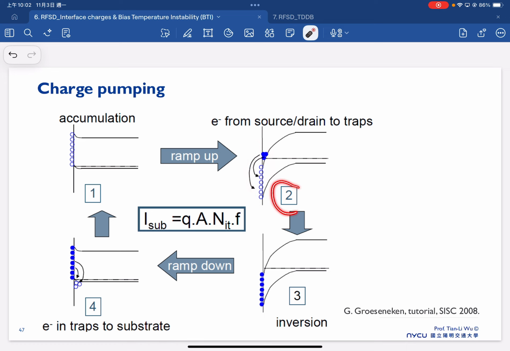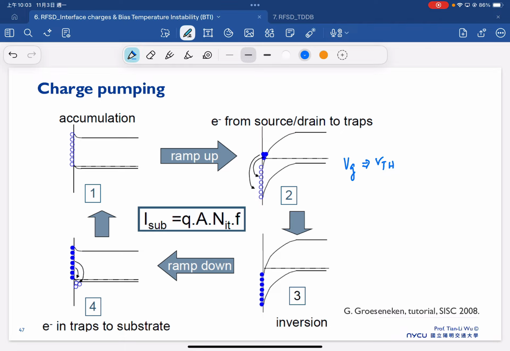In the second step, VG starts to approach VTH. Now you will start to see some electrons getting captured by this interface state or defect state.